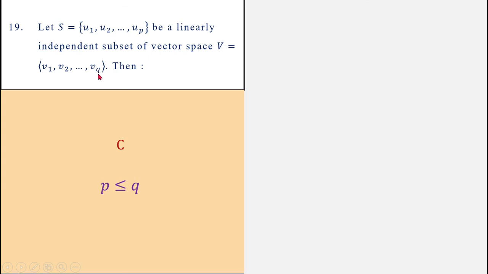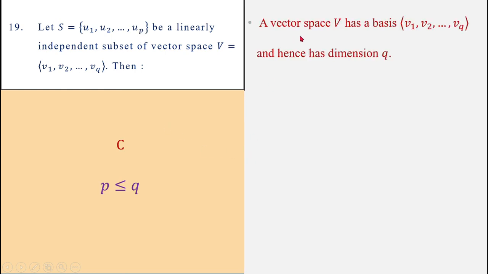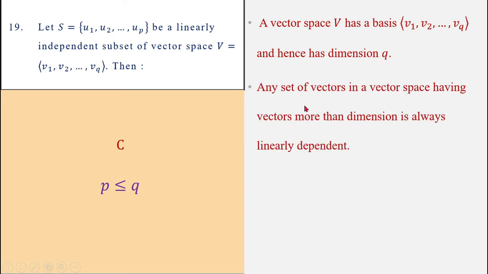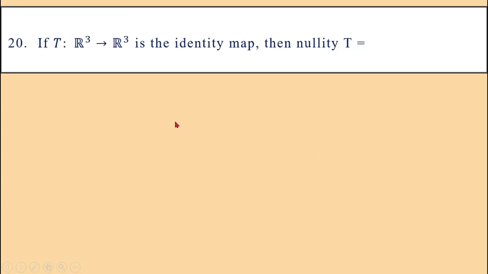So every linearly independent set can have at most Q vectors, and as S contains P vectors which are linearly independent, this P is at most equal to Q, means it is always less than or equal to Q. A vector space V has a basis v1 vector, v2 vector, vq vector, its dimension is Q. Any set of vectors in a vector space having more vectors than the dimension is always linearly dependent. As it is linearly independent, its value is less than or equal to Q.